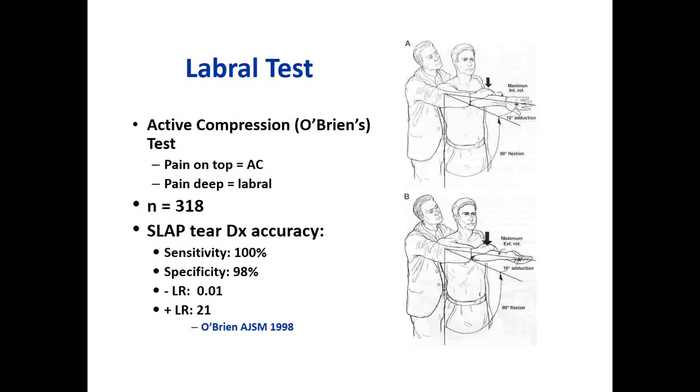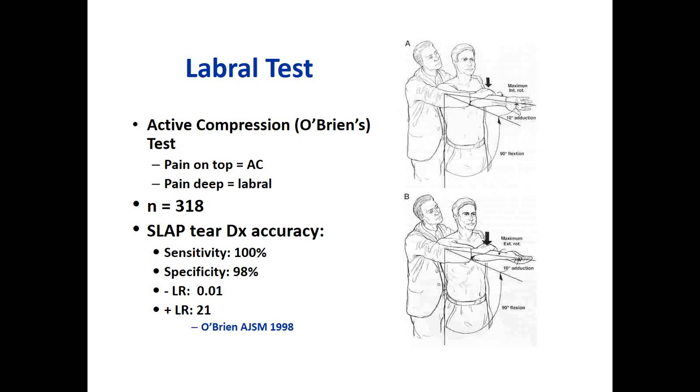The active compression test, also called the O'Brien's test, when he originally examined it, he found really good sensitivity and specificity with that test. The pictures illustrate the two test positions. The first test position is with the thumb internally rotated, arm right across the shoulder, and ask the patient to resist your downward force. The second position is with the arm maximally externally rotated, or palm up, in the same position, and again asking them to resist that.